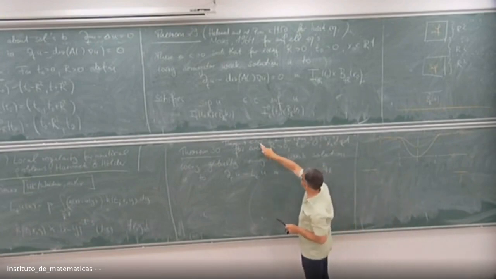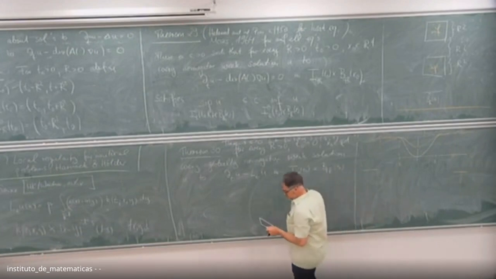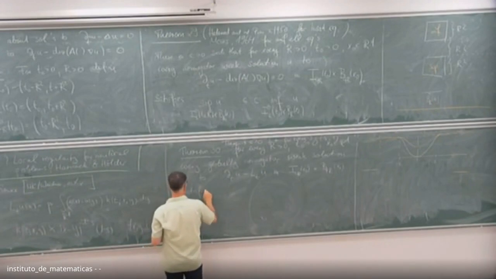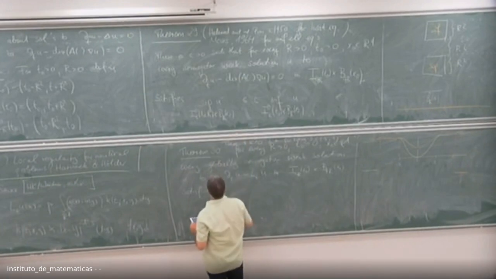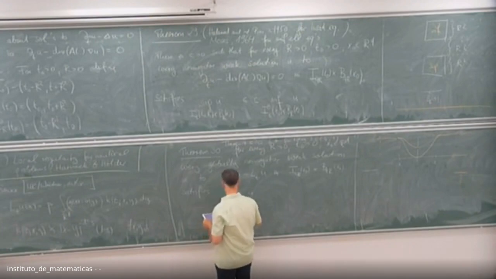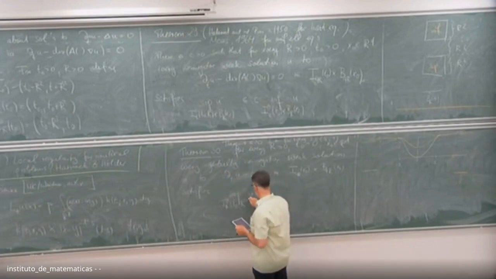So let me read again. There's a constant such that for every S in this interval, for every R, T naught, X naught, every globally non-negative weak solution U to this equation satisfies this property. Now we go back T naught minus R to S, and actually we do this only for technical reasons.